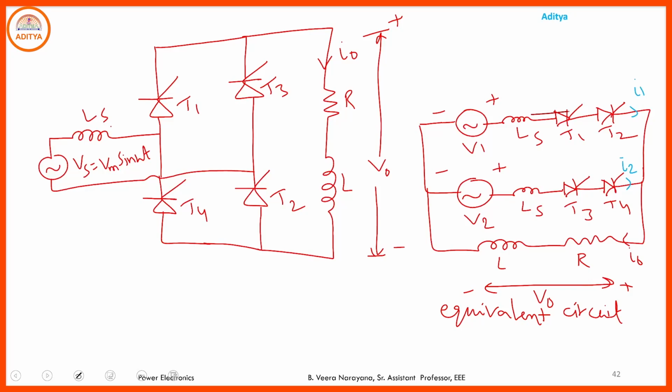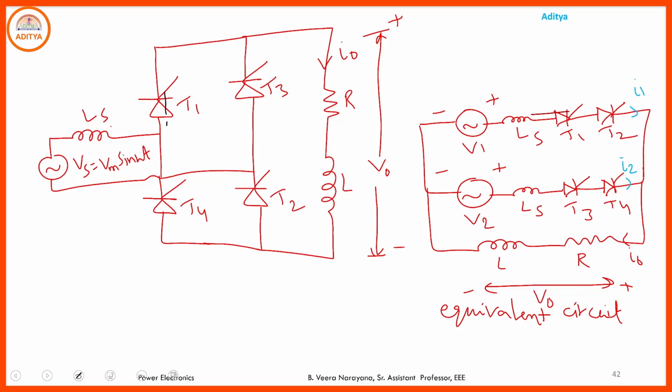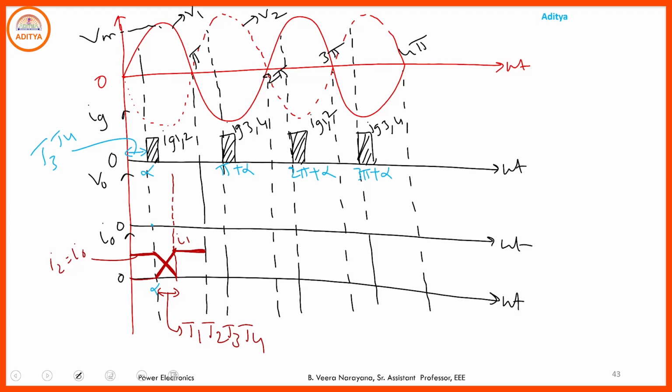If all of them are in the on state, then the output voltage is 0.